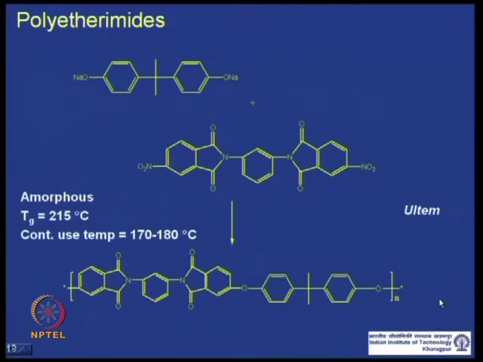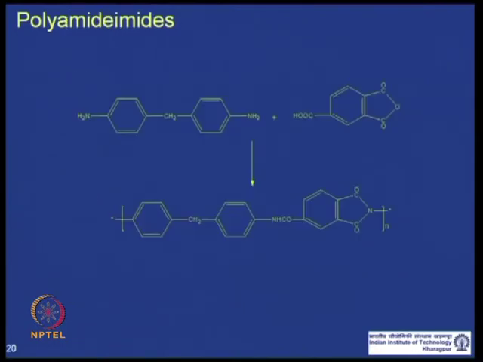So, if the application requires that the polymer should be present at this high temperature, you can use Ultem as your material. Obviously, these polymers are costly because they have such high performance and they are also difficult to synthesize. They are much costlier than the common polymers.